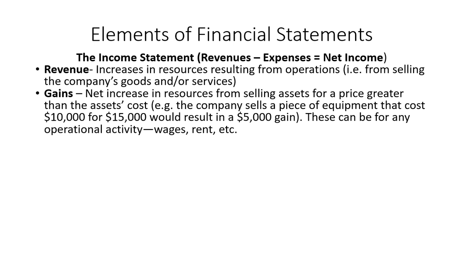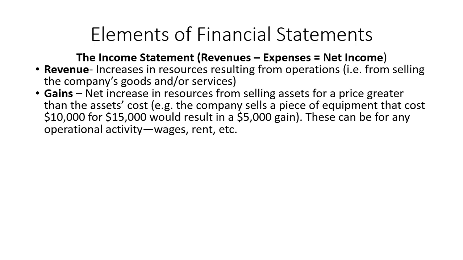Gains are a little bit different in that they're like revenue. They result in an increase in assets, in the wealth of your company. However, gains are something that occur less frequently, and they're generally non-operating. Revenue is from operations. Gains are generally not from operations, and gains usually result from selling an asset.